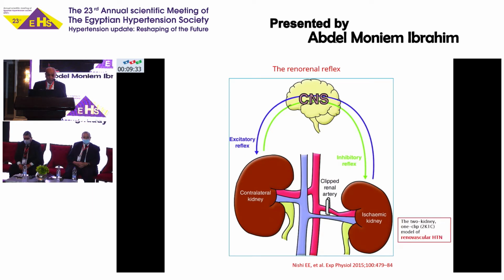The renal reflex. In the two kidney, one clip model of renovascular hypertension, the afferent activity from the contralateral kidney leads to an inhibitory renal reflex to the ischemic kidney, as occurs in the normal kidney.